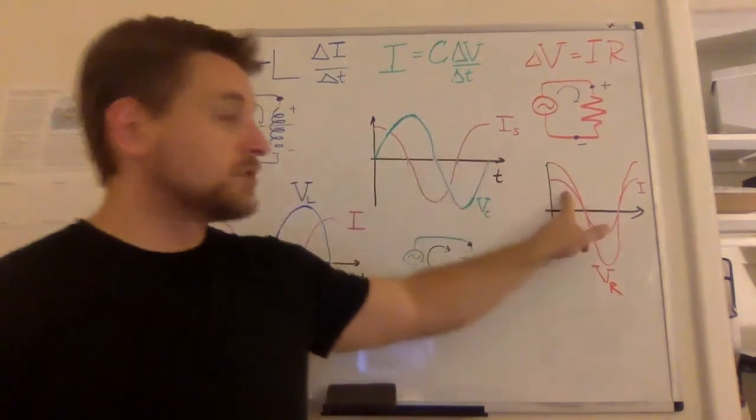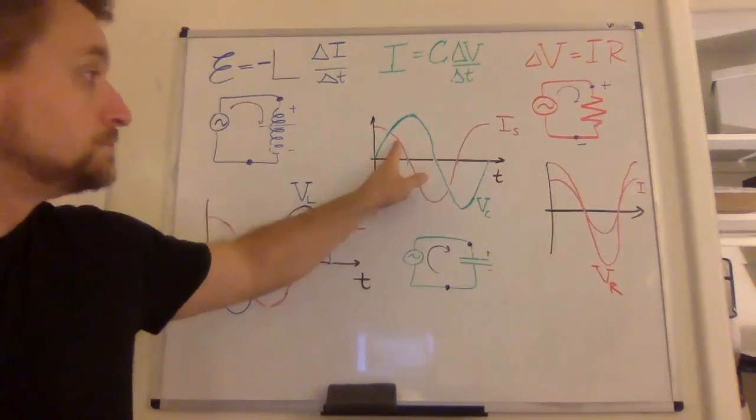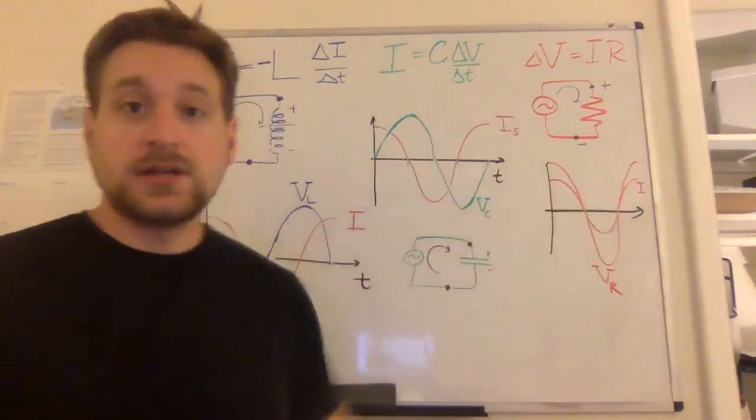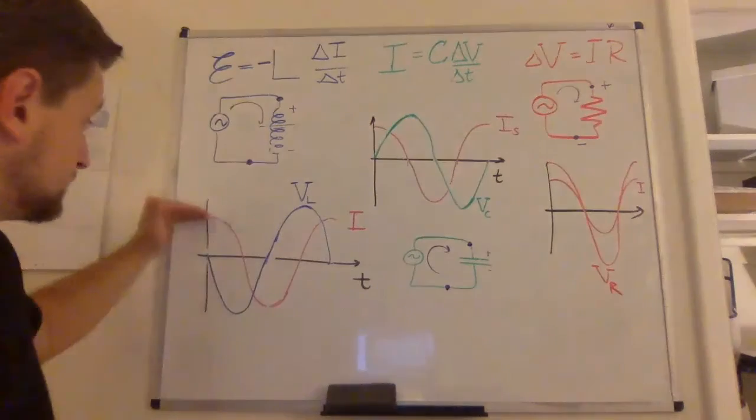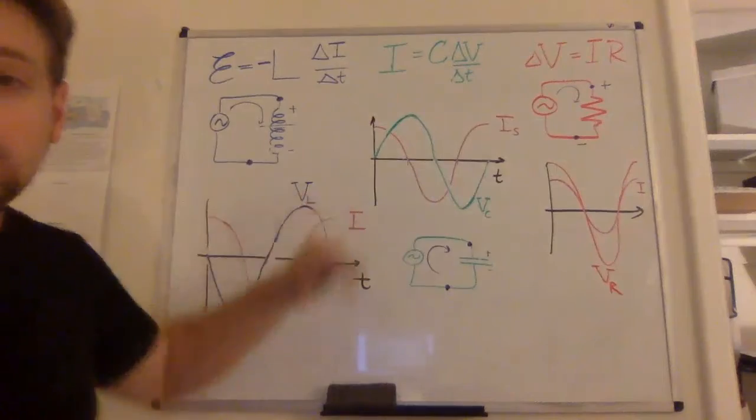In every one of these drawings, the current is a straight up cosine function. Starts at 1, -1, back to 1. It's a cosine function.